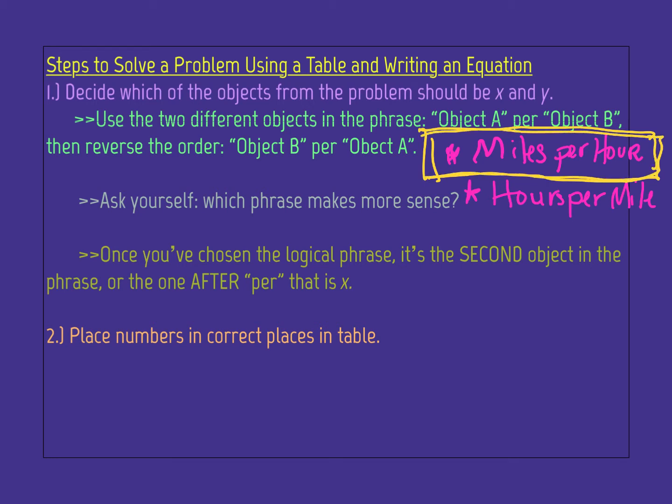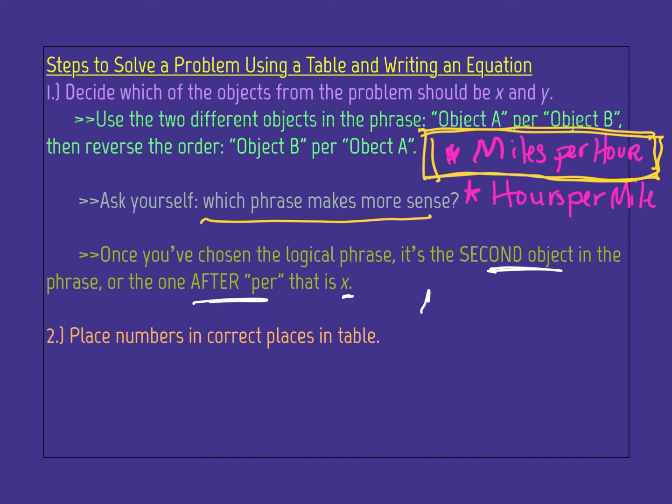There might be a time where we need the other one, but you should know which one is the logical one. Which phrase makes more sense? Miles per hour. So once we've chosen the logical phrase, the second object in the phrase, the one after the word per, is my X. X is hours in miles per hour.